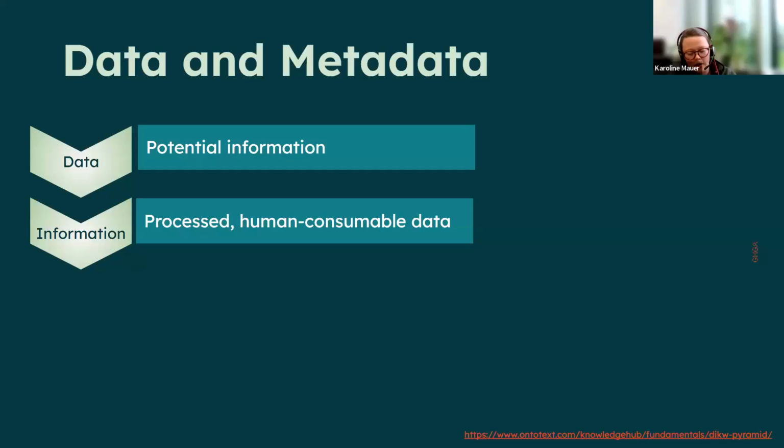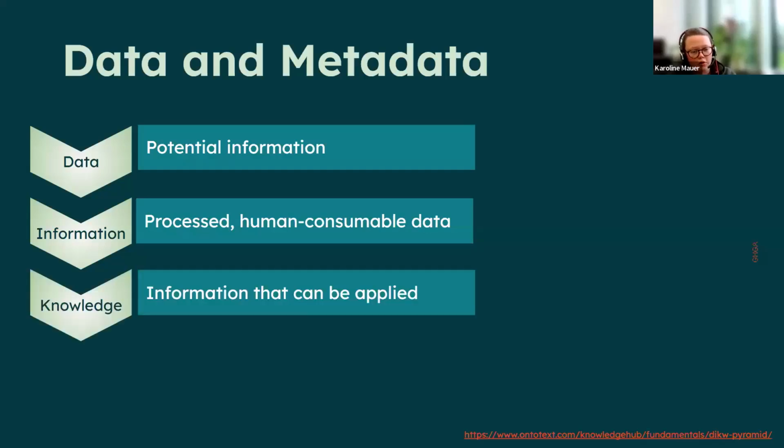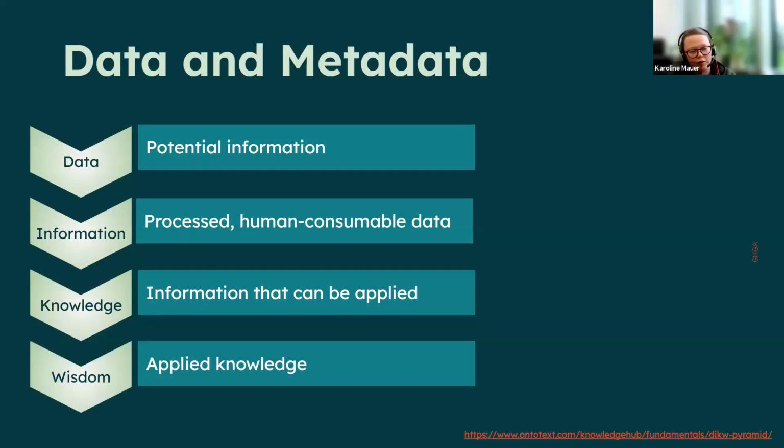Once you apply information, it becomes knowledge. In the knowledge stage, you also compare to your surroundings and try to put your knowledge into the greater perspective. You can also ask how to use the knowledge to reach the goal why you collected the data in the first place. And once you do that, your knowledge becomes wisdom.